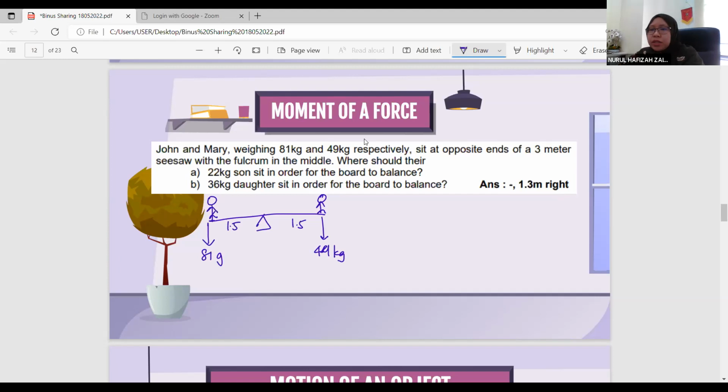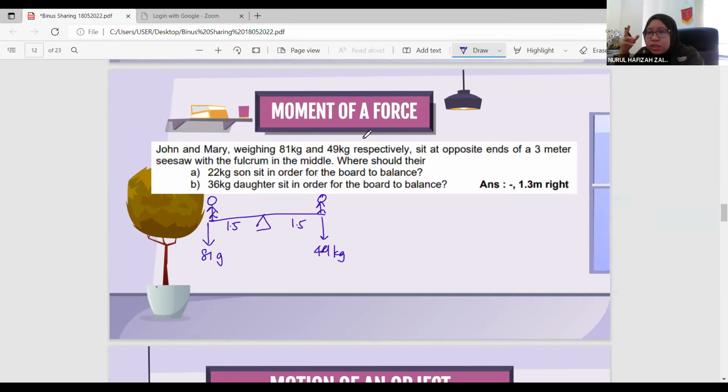Where should their 22 kilogram son sit? This is a normal situation, right? A normal happy family situation. But we make it not so happy because we need to calculate. So where should their 22 kilogram son sit in order for the board to balance?